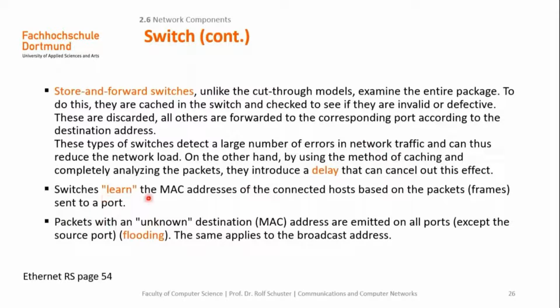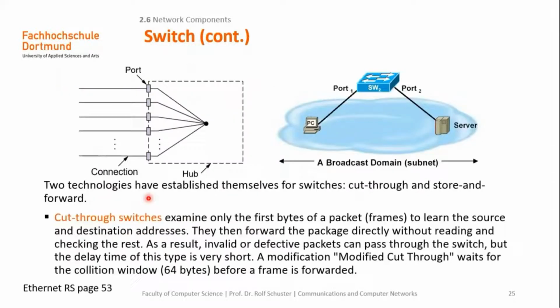But for instance, when a frame is sent to a MAC address that is not already known by the switch, we call that an unknown frame, that is a frame destined to a MAC address that is not already located in one specific port.